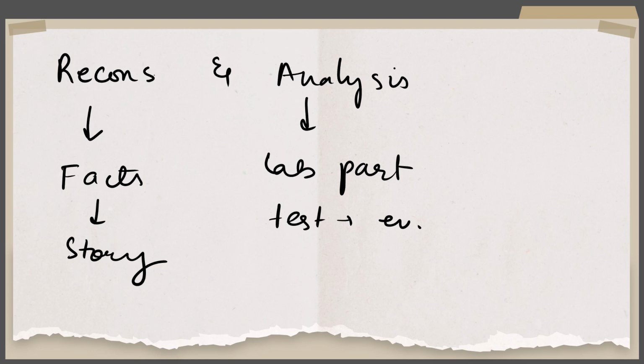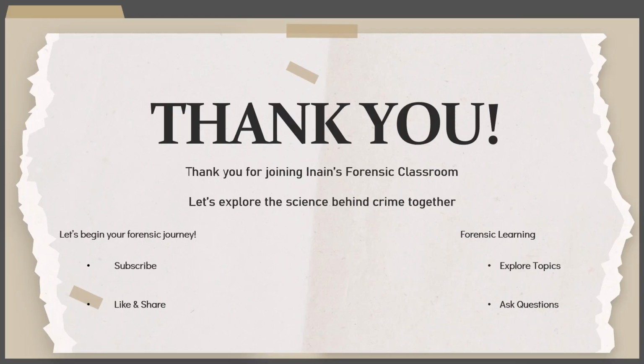So reconstruction uses your lab reports from the analysis, and also uses the witness statements, photos from the crime scene, position of the objects, injuries, blood patterns, everything, and combines them to rebuild the story of the crime. So analysis tells us what the evidence is, and reconstruction tells us how it happened.